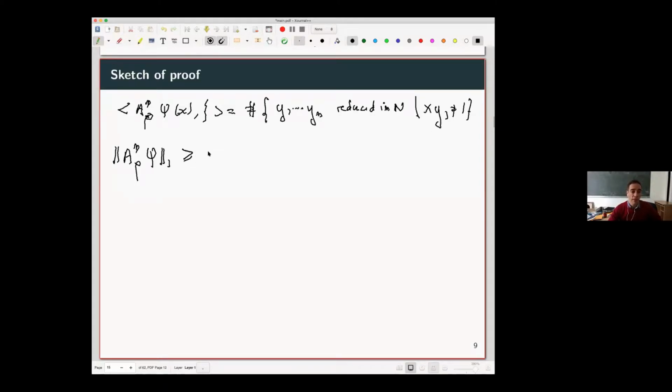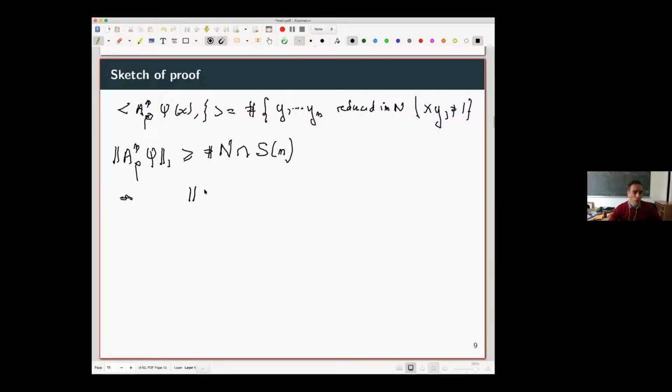So what I'll get is that this is larger than just the number of reduced words which are in the kernel N. So that would be larger than the intersection of N with the ball of radius n in my group G. Now, the norm of C, I think the norm of C in my metric is something like 4.